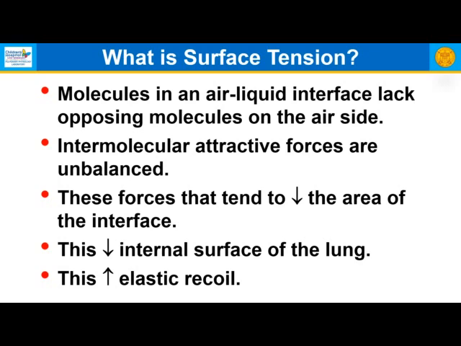So these intermolecular attractive forces are unbalanced across an air-liquid interface. So these forces tend to decrease the area of the interface. So this decreases in the lung, the internal surface of the lung, it actually causes collapse. And this is increased elastic recoil. So that's what surface tension is.